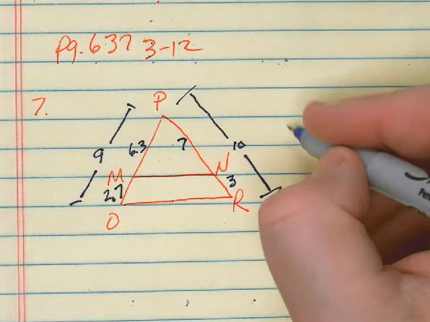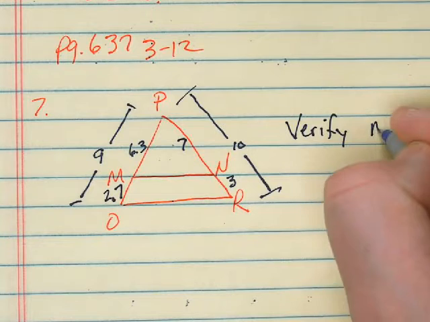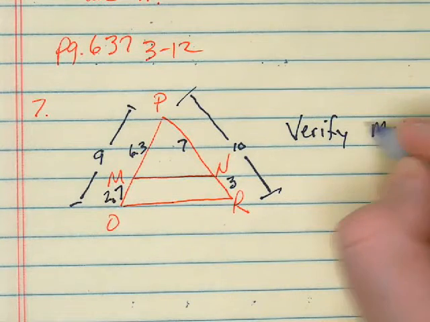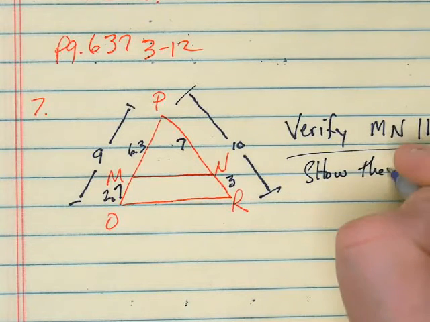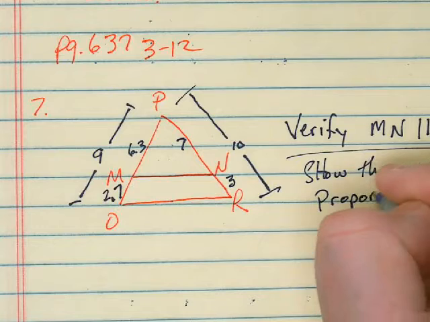All right, now let's set up a proportion, because the directions say verify that MN is parallel to OR. Verify, okay, so what's that mean? We need to show they are in proportion.